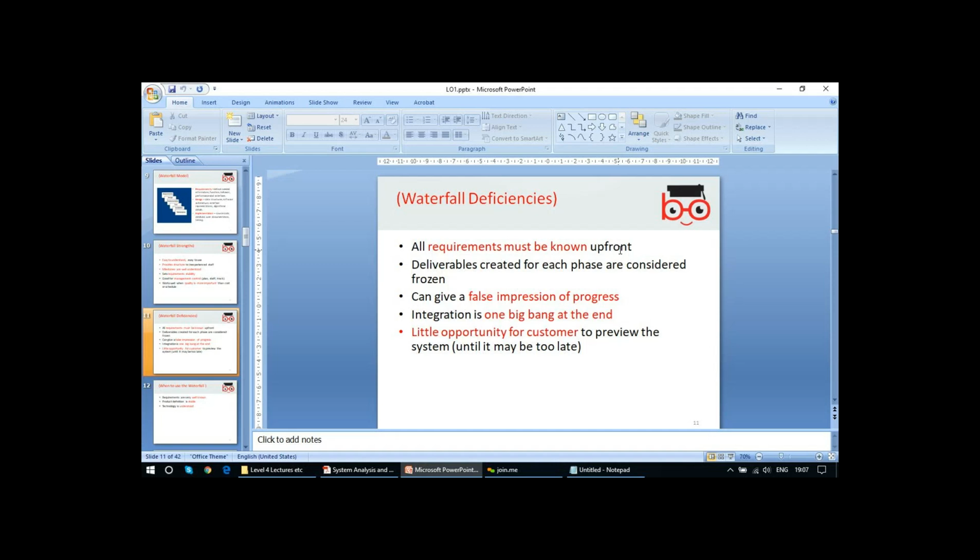So if you wanted the requirements, you got the requirements, you lock them. The user cannot change the requirements at all. If you did the analysis, you spent the time on it, you cannot do it again. When you did the design, you finalize the design, you move to the implementation, and then after implementation you go to testing and deploy.